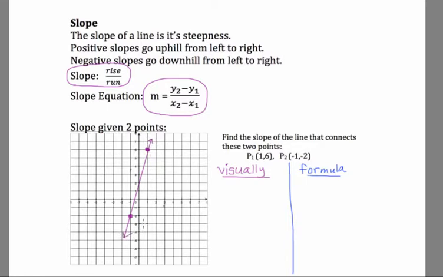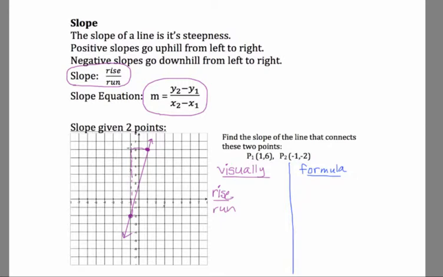Now, how do I find the slope between these 2 points? Well, remember, slope is the rise over the run. So on your graph, between your 2 points, draw in a box and count.